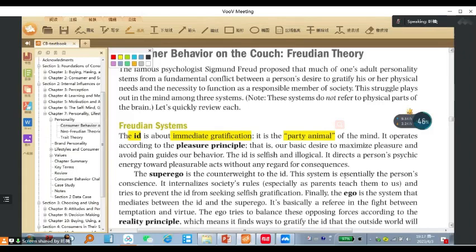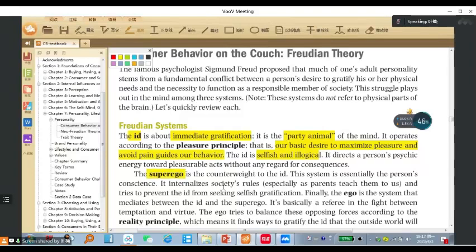It operates according to the pleasure principle. Our basic desire to maximize pleasure and avoid pain guides our behavior. So the id is selfish and illogical. It directs a person's psychic energy toward pleasurable acts without any regard for consequences.